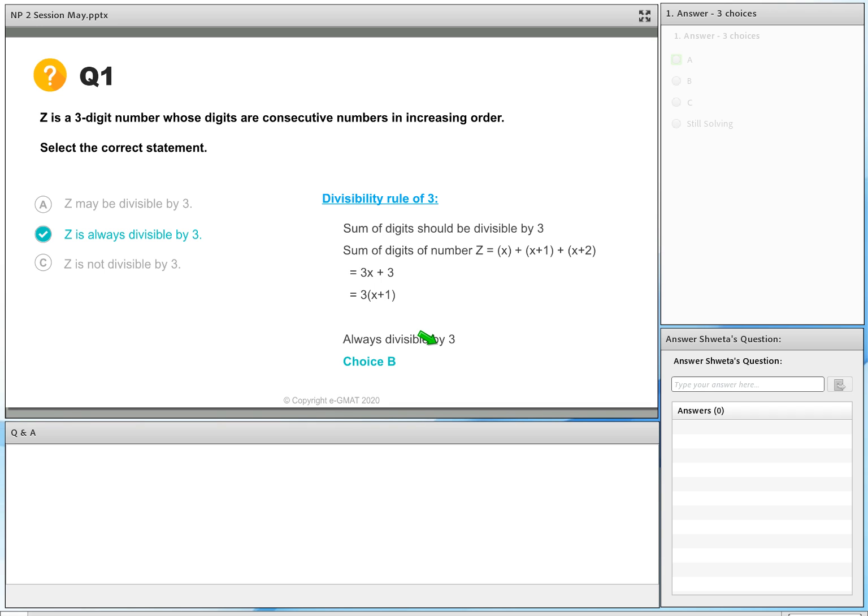Now, for all those of you who marked A, please tell me in the chat box why you thought it is maybe divisible and not always divisible.